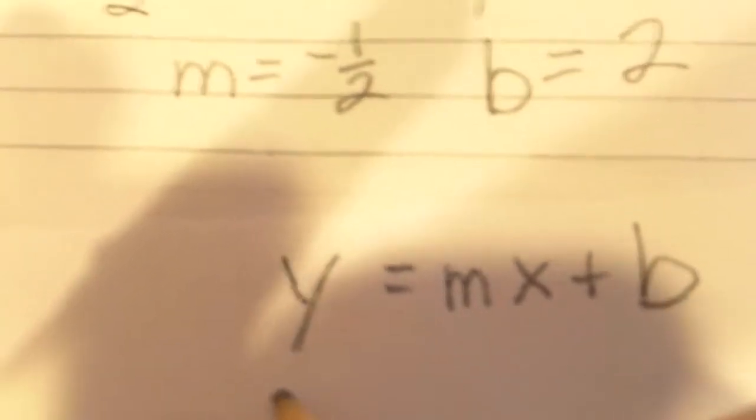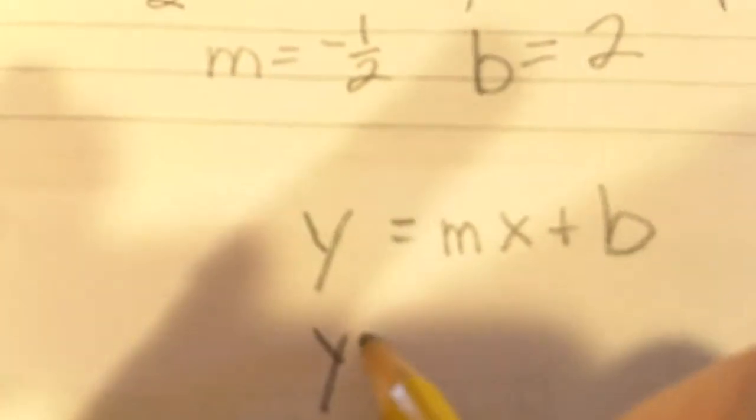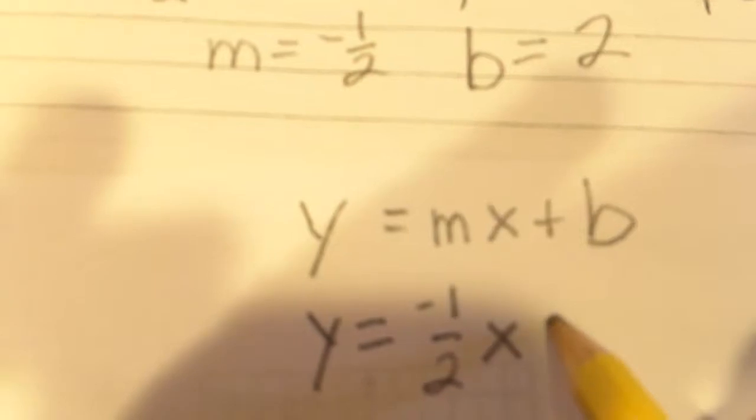So if I know m and b, then I'm going to plug that into this. X and y just stay x and y, so I have y equals m, which is negative 1/2, x just stays x, and b is 2, positive 2.